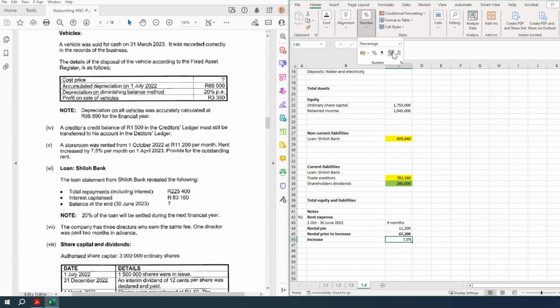Okay, all right. So I have my rent, so I can calculate the new rental per month. So I'm going to take the 11,200. Okay, and then I'm going to add on to that 7.5%. Okay, and then that's then my new rental per month. And then from April up until 30th of June, and that will then be the remaining 3 months.